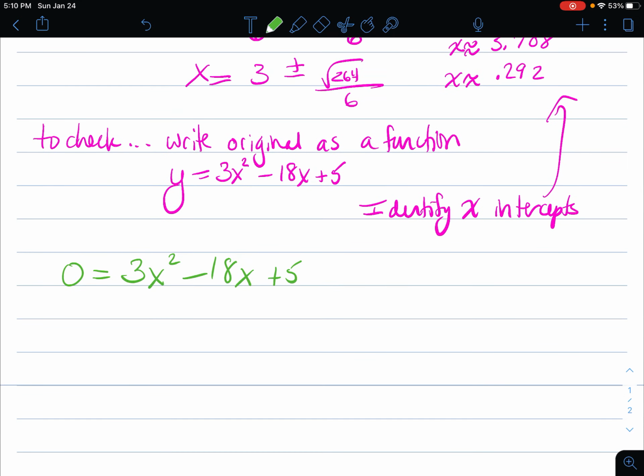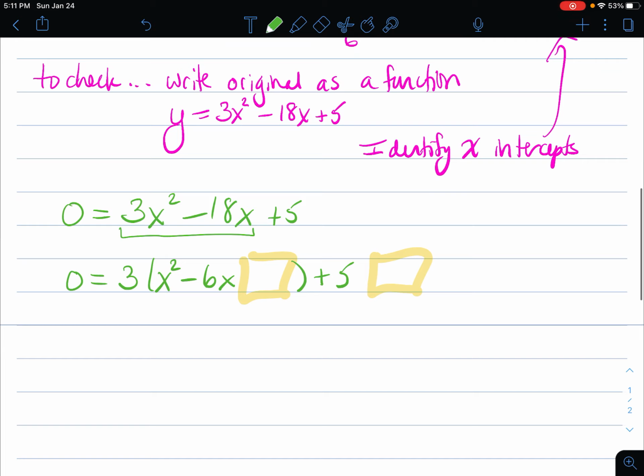Okay, and to complete the square, we make sure, is it in general form? Yes. We're going to look at the x terms and take out anything that is a leading coefficient that's not 1. So 3 times x squared minus 6x, and then we leave our space like we normally have, space here and here.